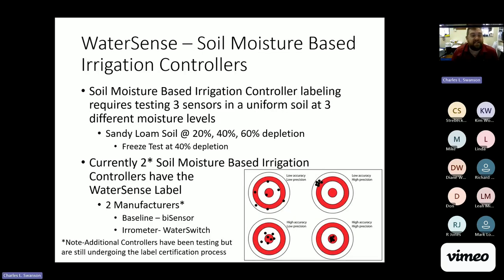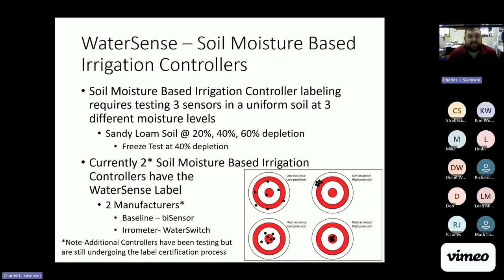One of the more recent products to get the label, and this was no easy feat for WaterSense, it actually took over 5 years for them to come up with a specification to label soil moisture-based irrigation controllers. This is the use of soil moisture sensors in conjunction with your irrigation controller to determine if and when irrigation is needed. The testing program is pretty simple.